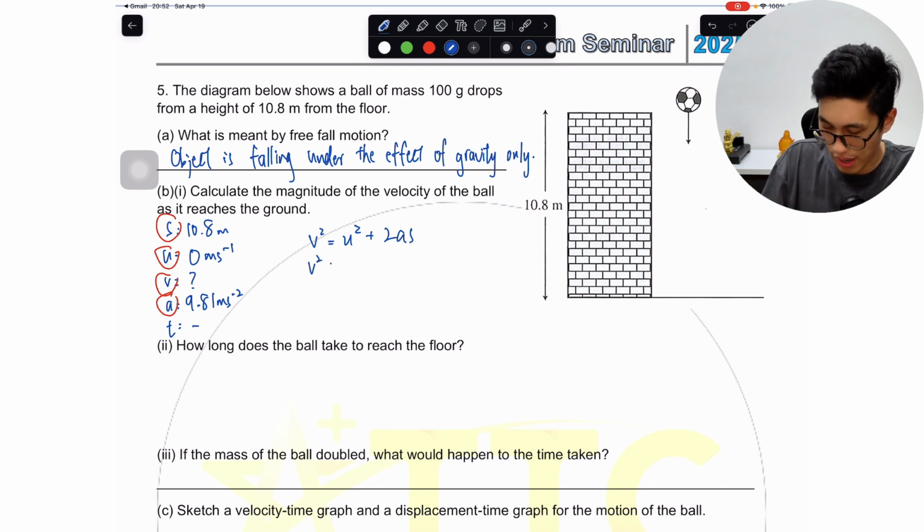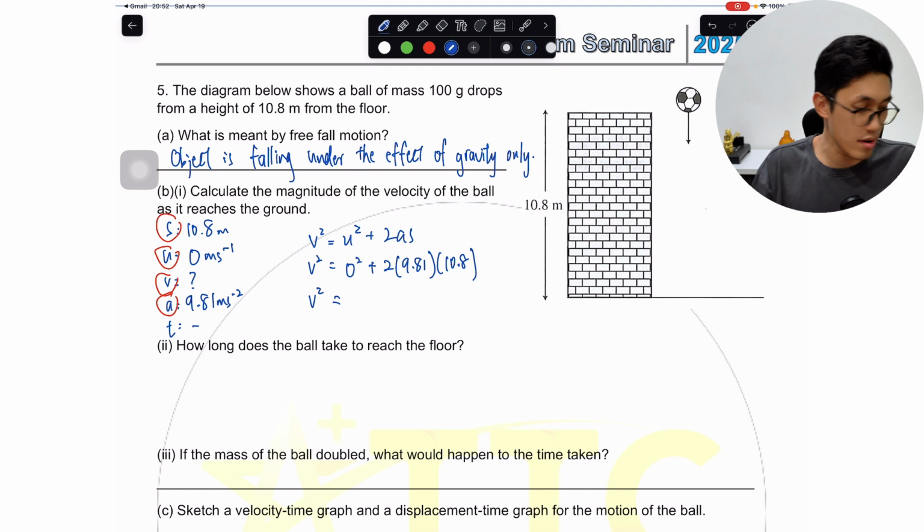Now I'm just going to substitute all the numbers inside. So V squared, I don't know. U squared is 0 squared, plus 2 times A, which is 9.81, times S, which is 10.8. So V squared equals, let me just very quickly calculate, 2 times 9.81 times 10.8. You get something like 211.896.